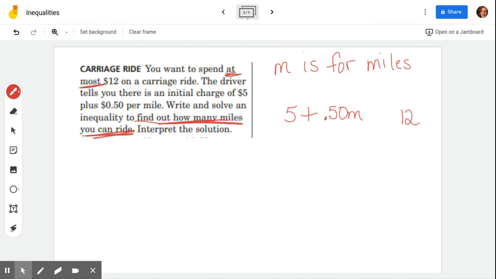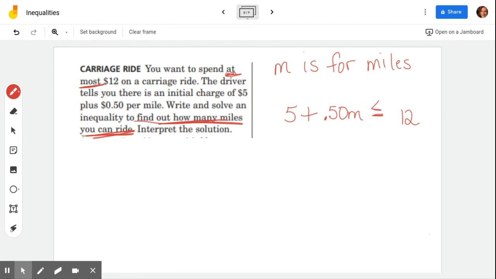So the first thing I want to ask myself, if I spend exactly 12, is that going to be okay? It says at most, so that means I am willing to pay 12. Am I willing to spend more than 12? Nope. Am I willing to spend less than 12? Yes. So this one gets a less than or equal sign.